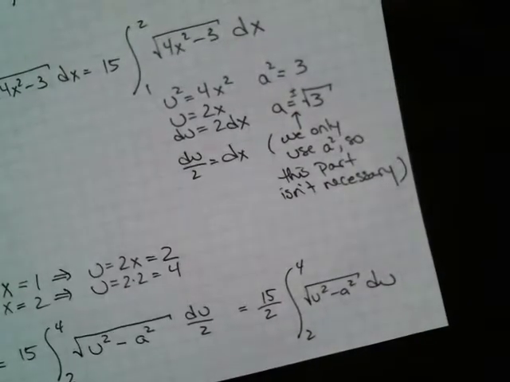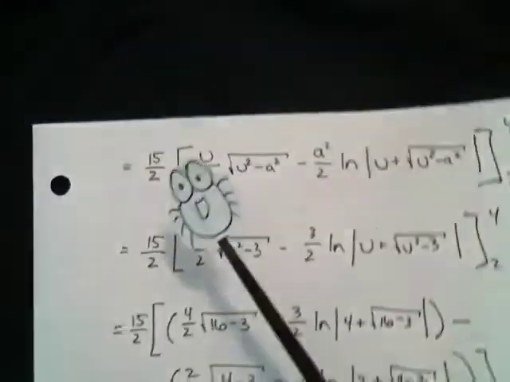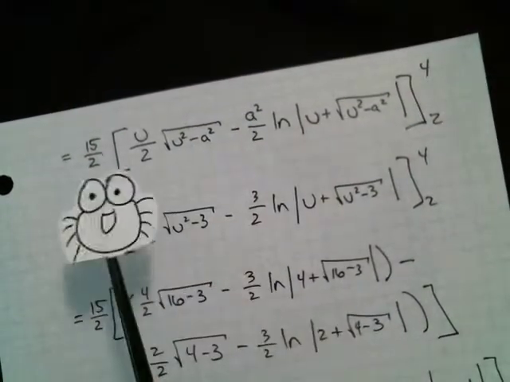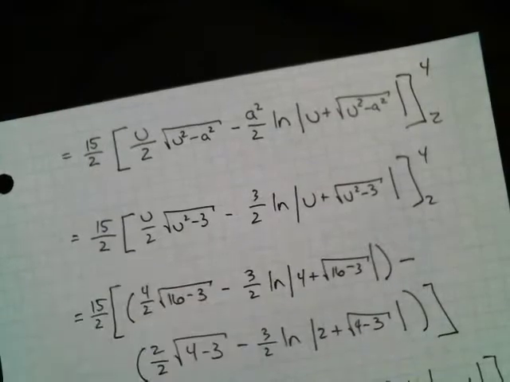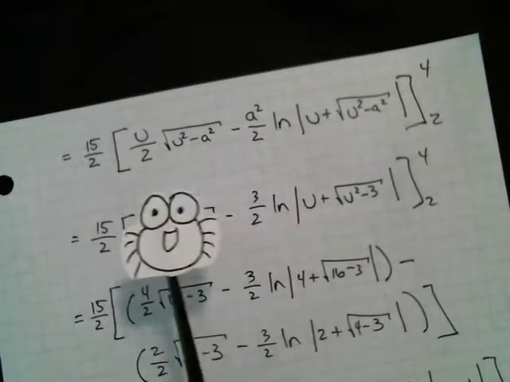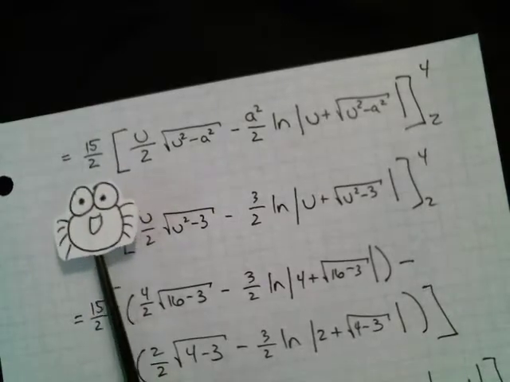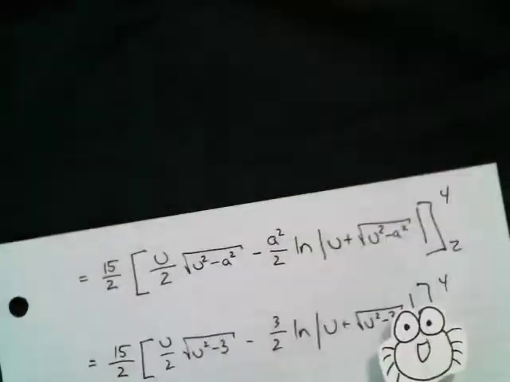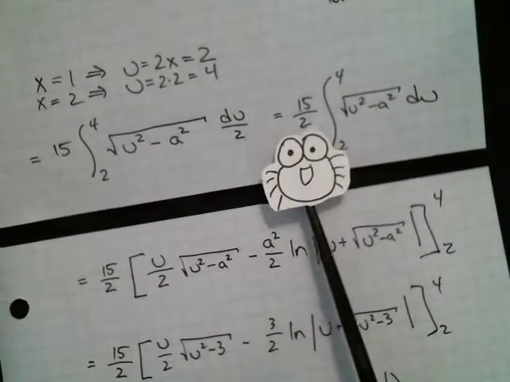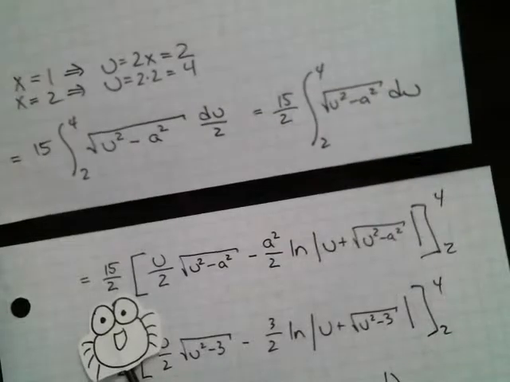Through the magic of television, I have a second page all ready for you. Look at that. Ooh, so fancy. This is, I think, if anything was going to be worth a Fields Medal, this right here. This is dedication to math right here. Okay, so what did I do? Ooh, it's going to be helpful if you see the previous page. So here's the previous page. We had our 15 halves out in front, which I preserved there.